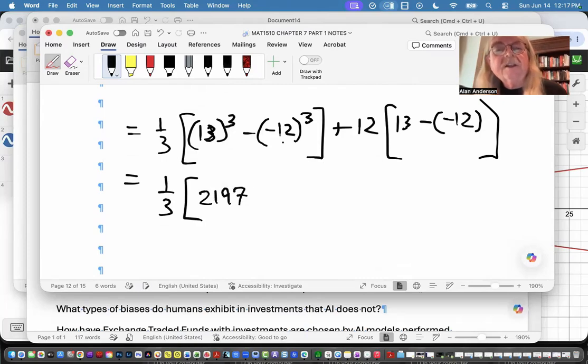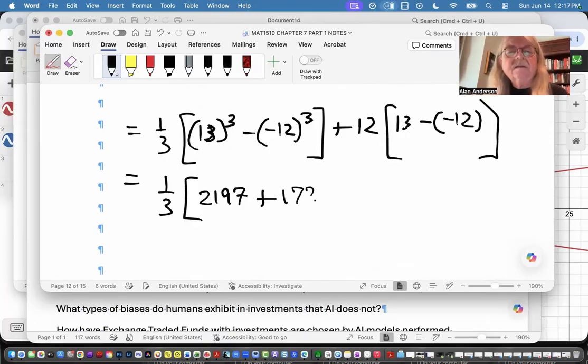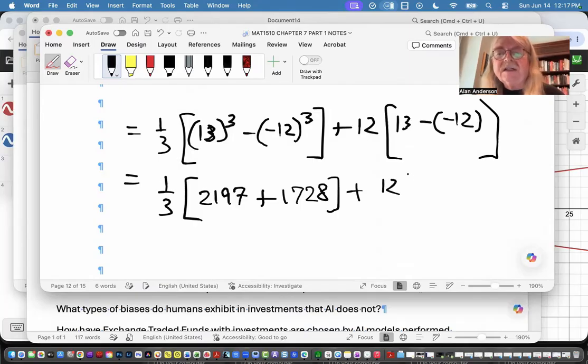Now here, when I cube -12, it'll become negative, and when I subtract that, it'll become positive. So I'm adding whatever 12 to the third power is, 1728. Now, of course, here, when I subtract -12, I'm adding, so I'll end up with 13 plus 12.